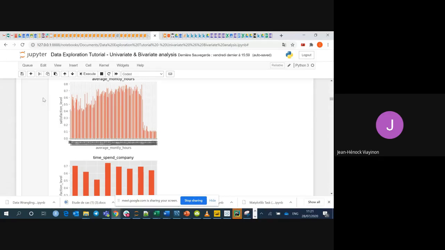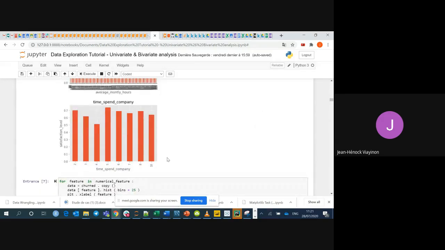That's why I want to give priority to this variable and plot it versus the others, to see if there is any insight I can pick from there.